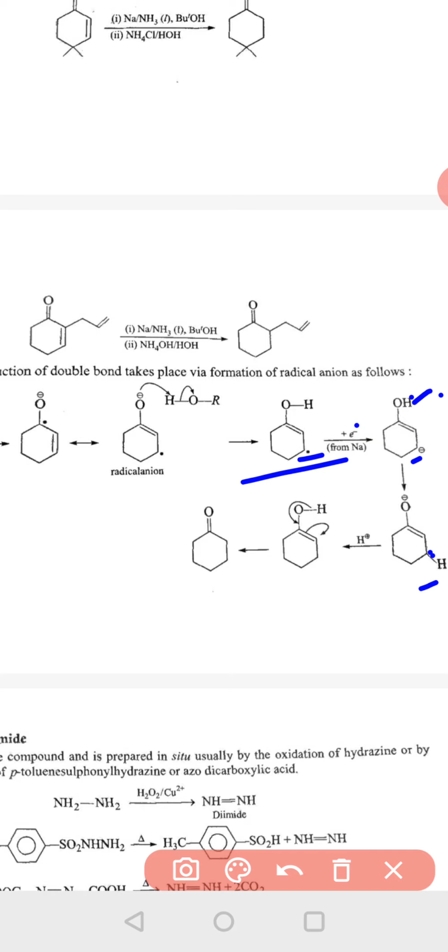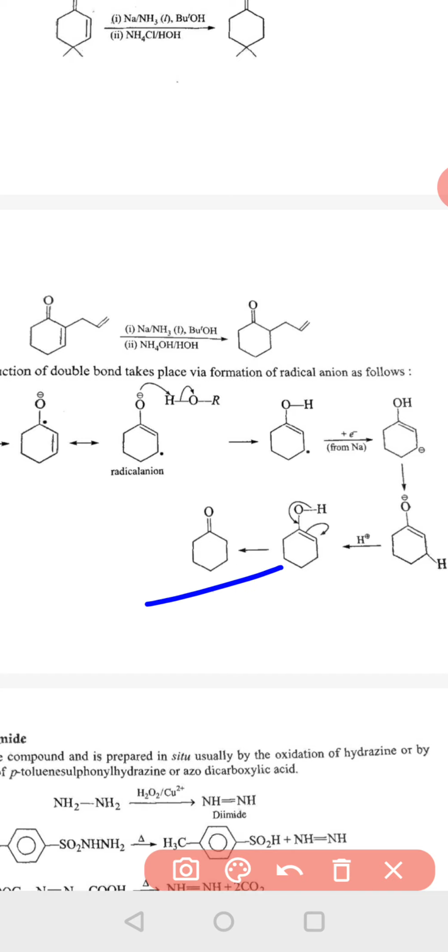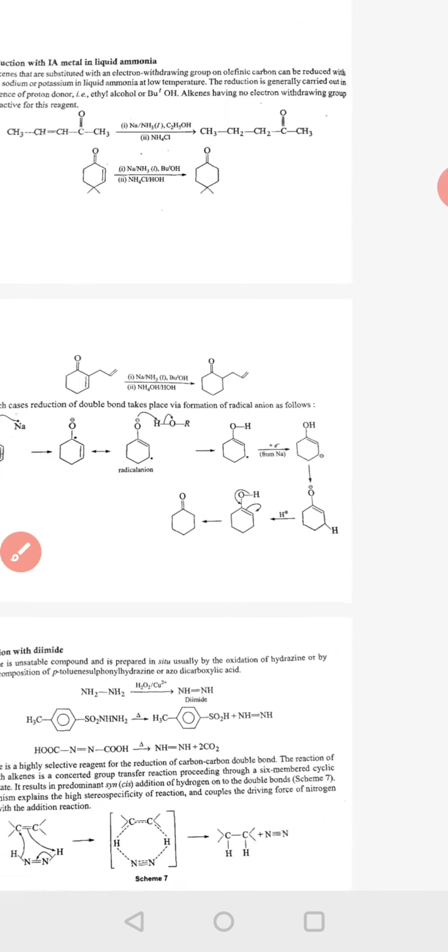In the next step, these pi bond electrons are transferred to this carbon and the bond between O and H is ruptured and electrons are transferred between oxygen and carbon. H+ from here gets attached to the minus charge at this site and we get the product where reduction of the double bond has taken place.